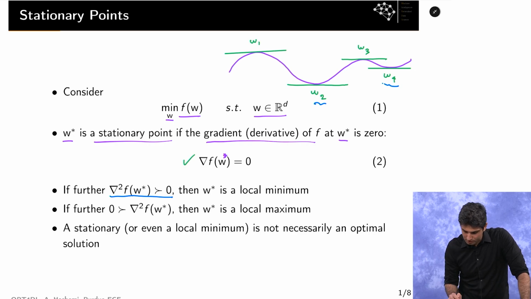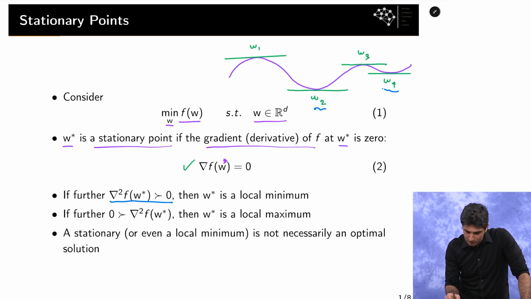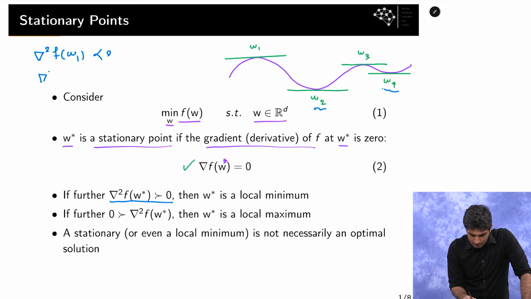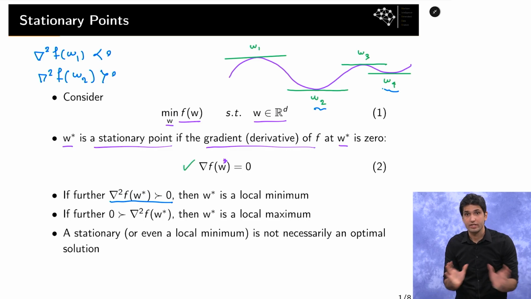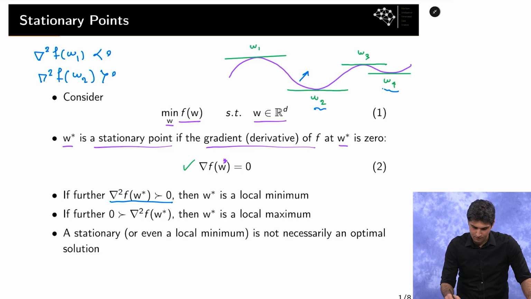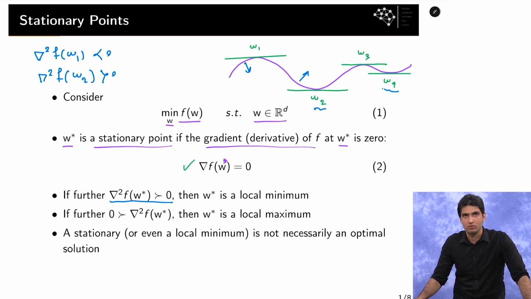So for this example that I drew here, you can imagine that the Hessian at w1, let me write it here, the Hessian at w1 is less than 0, and I have a local maximum. On the other hand, the Hessian at w2 is positive definite. So the curvature is upward here, versus the curvature here is downward. So therefore, w2 is a local minimum. So that's why w2 is a better solution than w1.